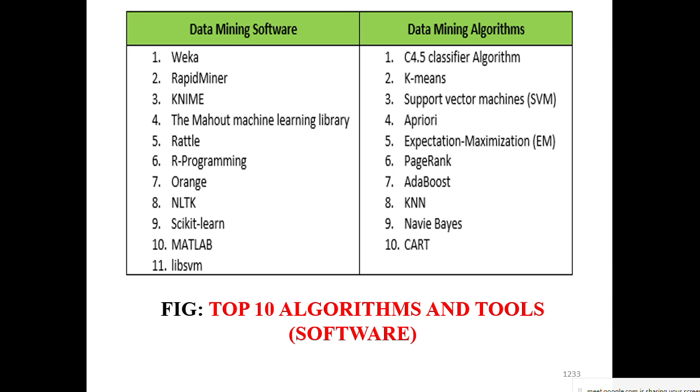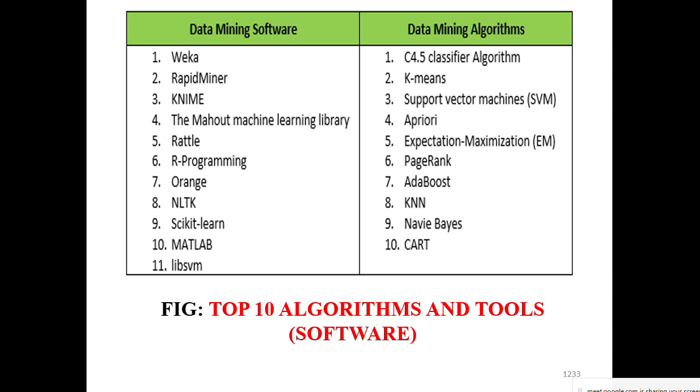We are using the MATLAB tool. LIBSVM, library for support vector machine, is one of the data mining software. Coming to data mining algorithms, these are the top 10 algorithms we are using to perform data mining and data analysis: classification, regression, association rule mining, outlier detection.